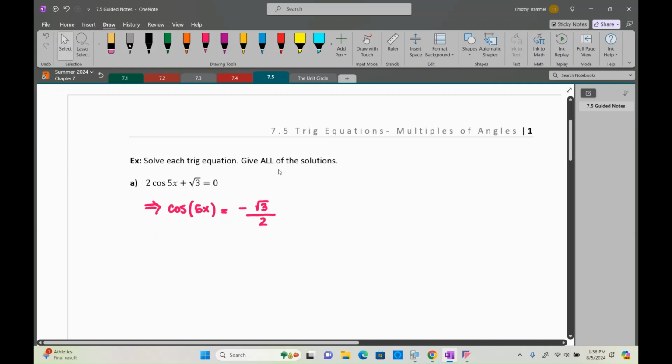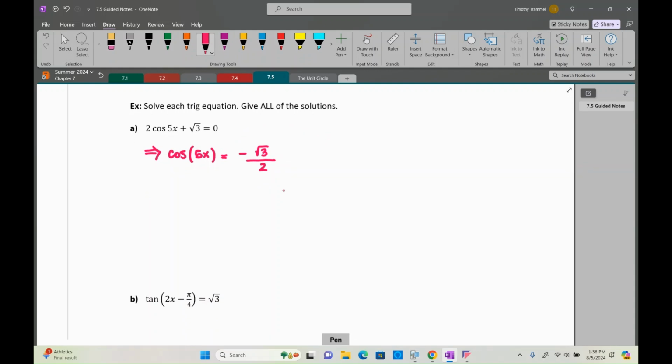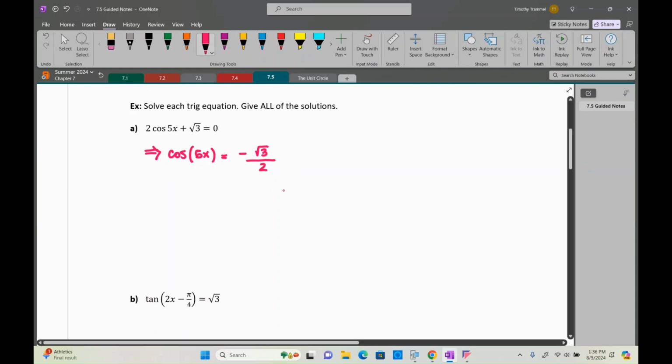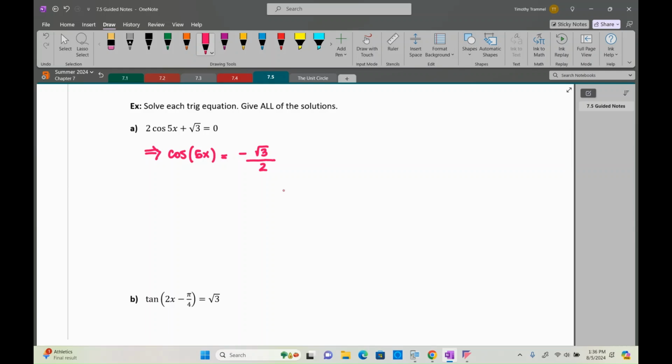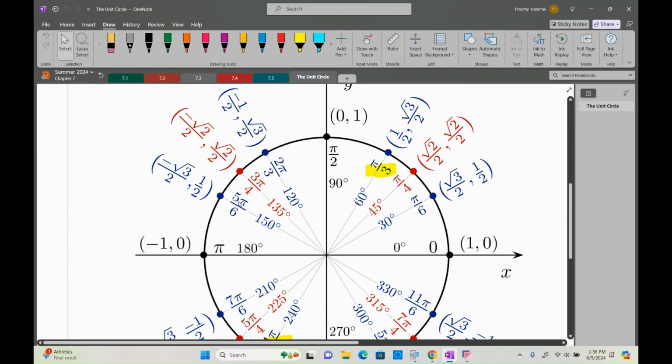All right, and so the idea is we want to then go look at our unit circle and see what angles make cosine into minus the square root of 3 over 2.